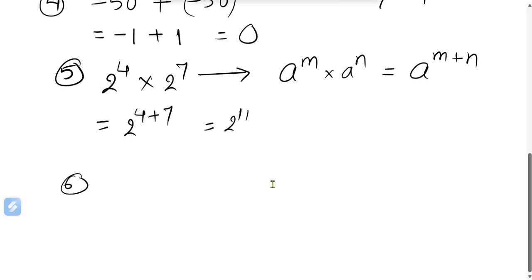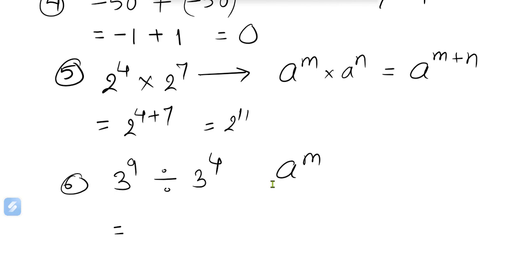Next example, if 3 has power 9 and is divided by 3 power 4, we simply write, this is the next law where a^m divided by a^n, then we write m minus n.